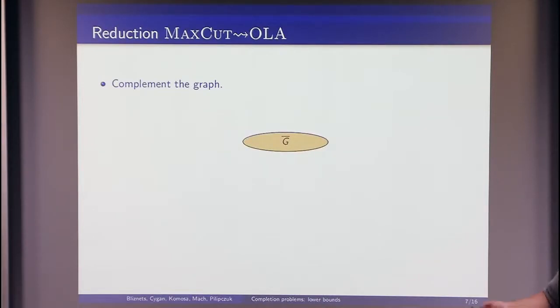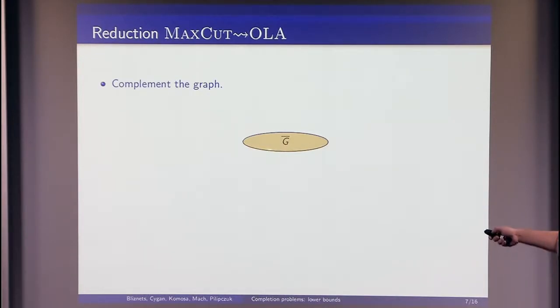Now let me look at the reduction from the MAXCUT problem to the optimum linear arrangement problem, just to make sure we are on the same page. In the MAXCUT problem, I have a graph. I want to color it black and white, partition the vertices into two parts, in order to maximize the number of edges between the sides.